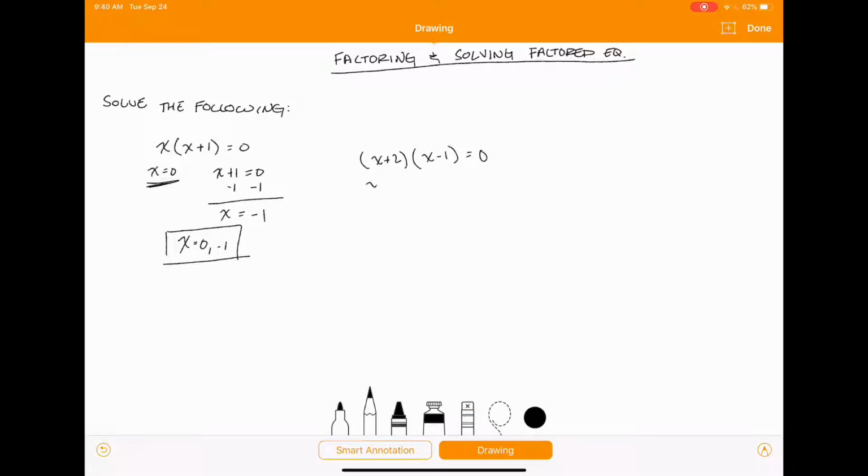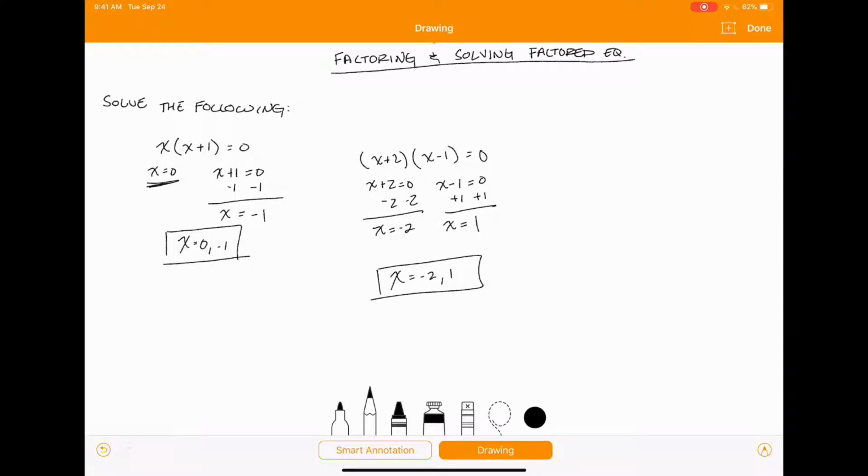So we're going to have x plus 2 equals 0 and x minus 1 equals 0. So we're going to subtract 2 from both sides and get x equals -2. Add 1 to both sides, x equals 1. So the answer to this equation is x is equal to -2 and 1.